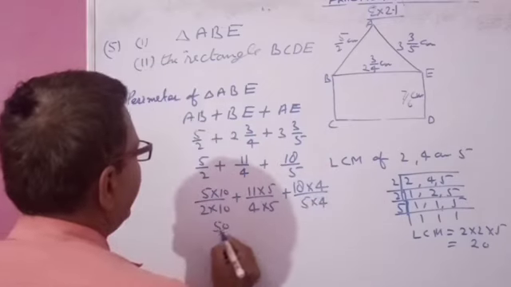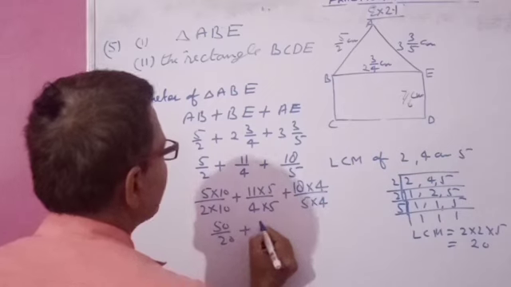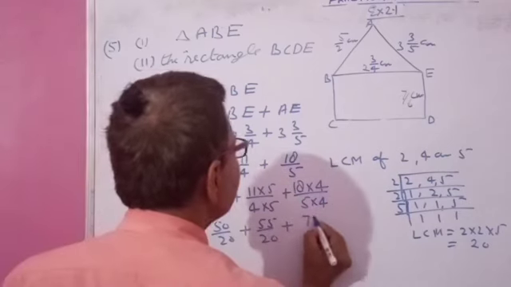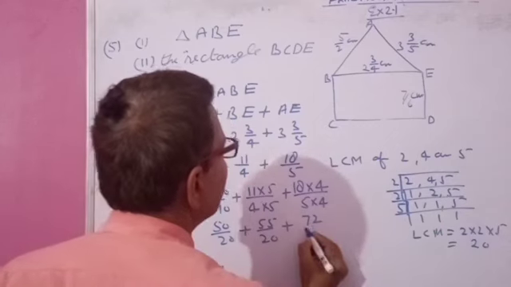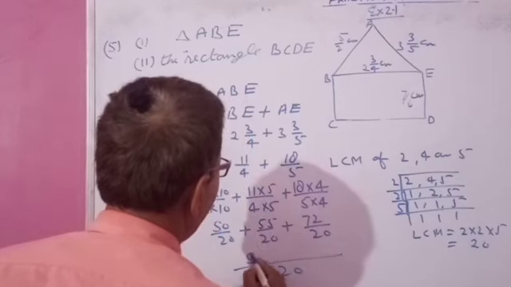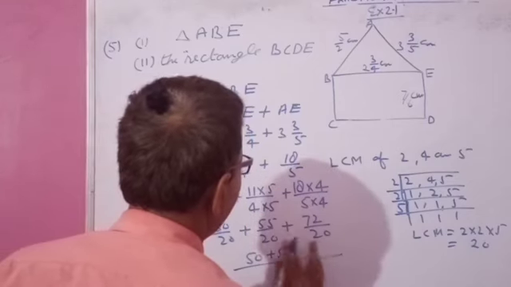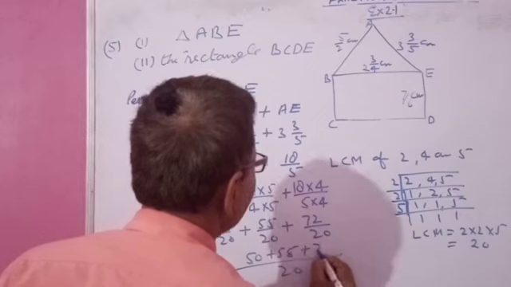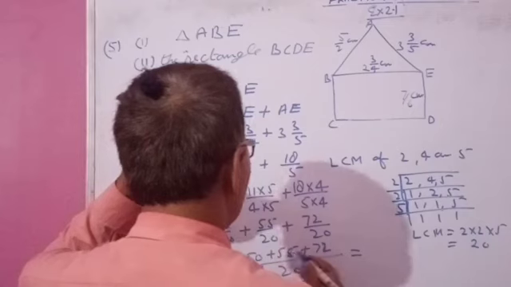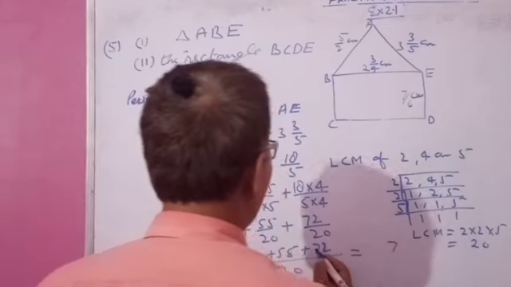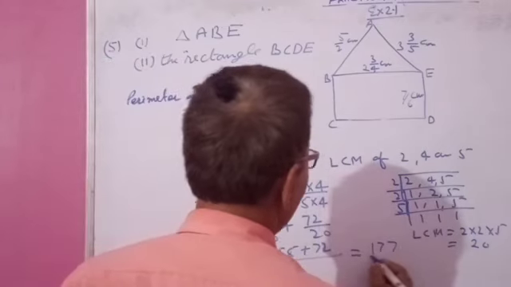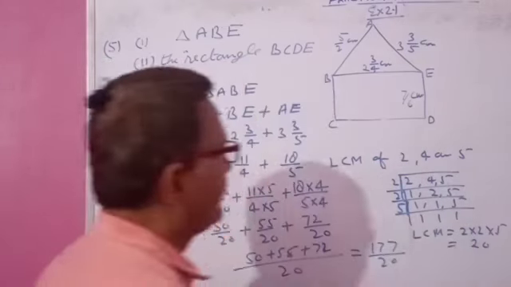Now 50 upon 20 plus 55 upon 20 plus 72 upon 20. Now 50 plus 55 plus 72 gives 177 upon 20.